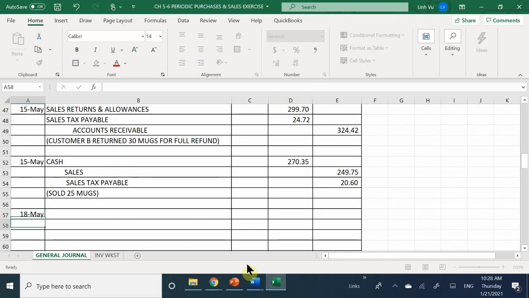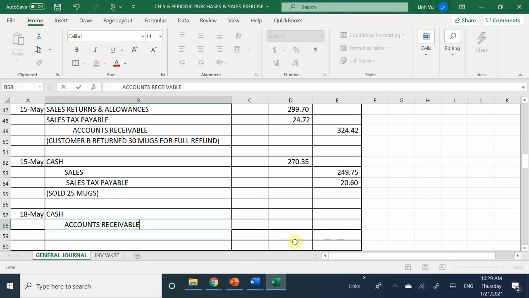So on the 18th, customer A is paying, and they're paying with cash. So what is the transaction at hand here? What are we receiving? We're receiving cash. Good. And how do we decrease something that they owe us? What account is that? Accounts receivable. Yes, we're going to empty out their accounts receivable. This will be a lot more prevalent when we work into looking at our ledger.